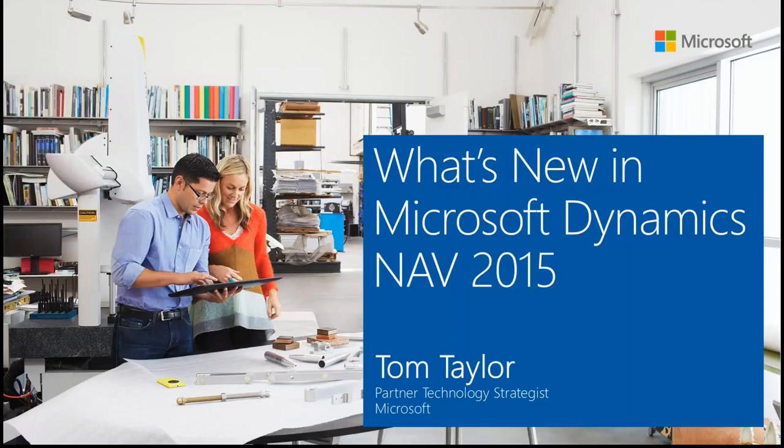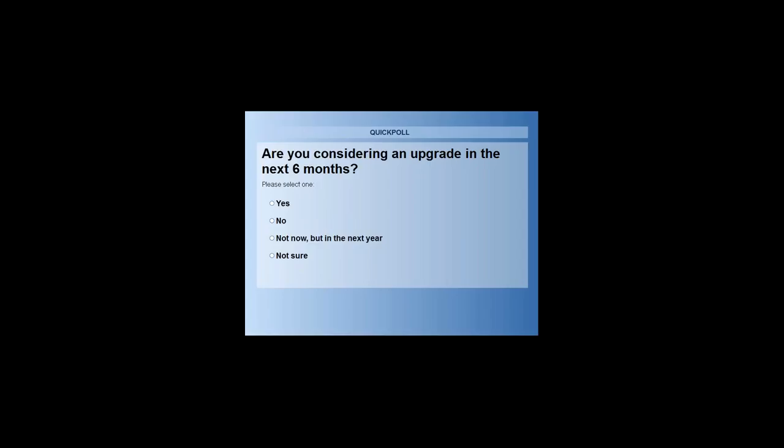And then a follow-up to that poll is what will be coming up on your screens right now. Are you considering an upgrade in the next 6 months or perhaps even in the next year? So if we could take a second to answer that, please.